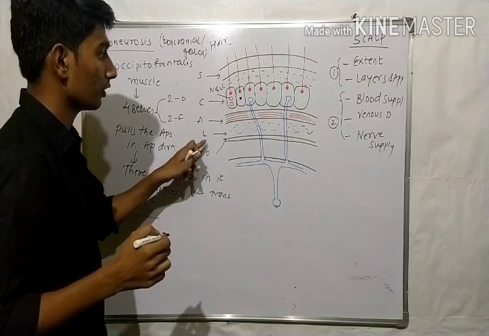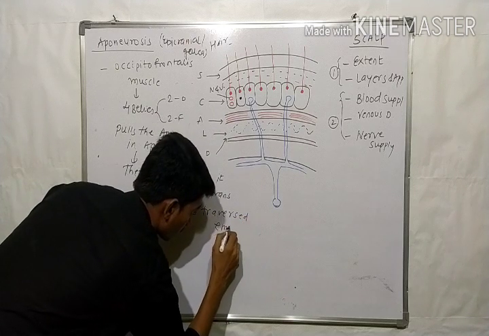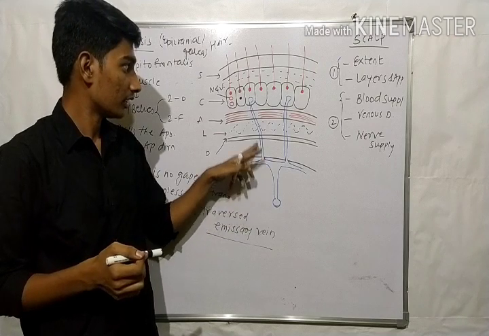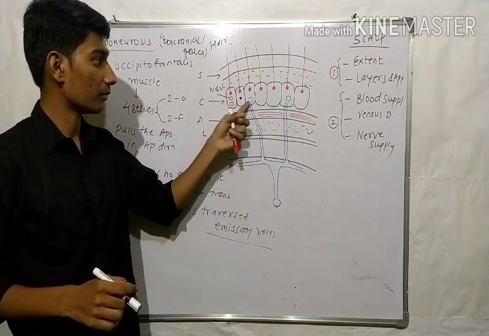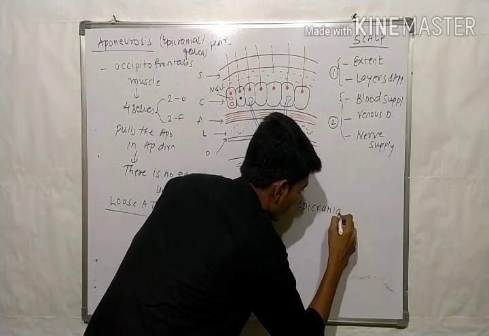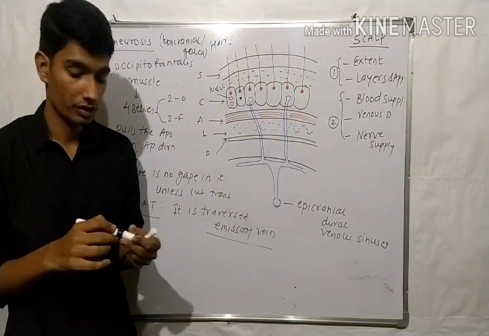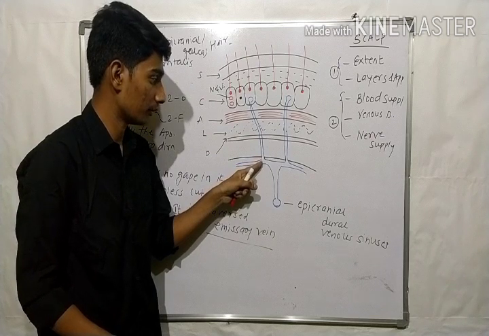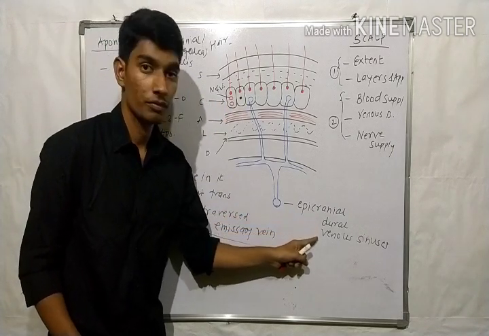This loose areolar tissue is traversed by emissary veins, and this emissary vein connects the vein in the second layer, that is connective tissue layer, to the epicranial dural venous sinuses.